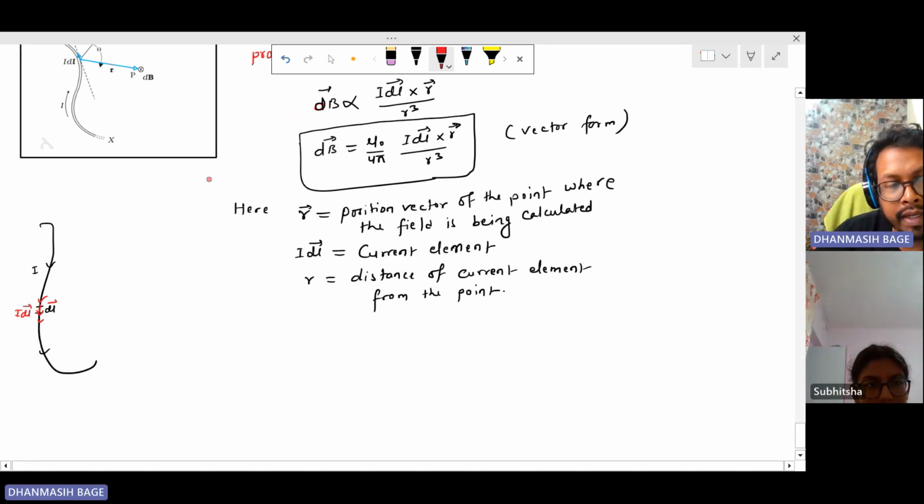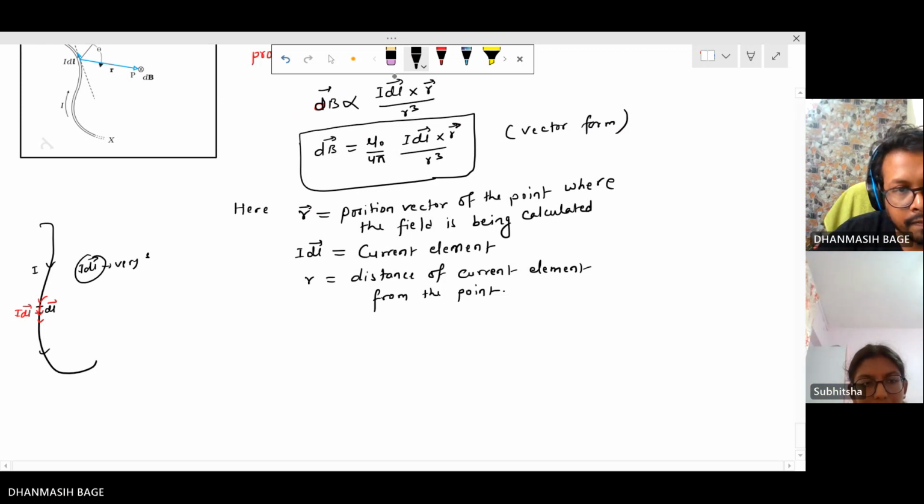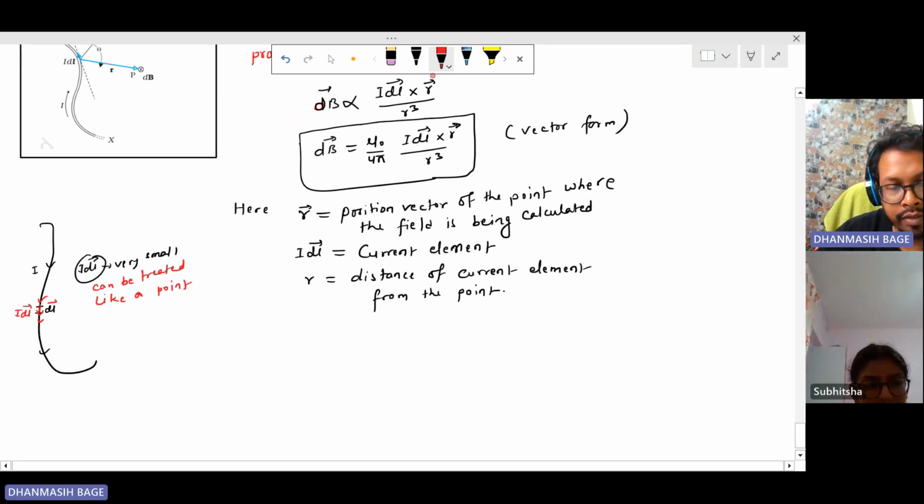And this current element is so small that you can treat it like a point charge. Current element I dl vector is very small, can be treated just like a point charge, right?